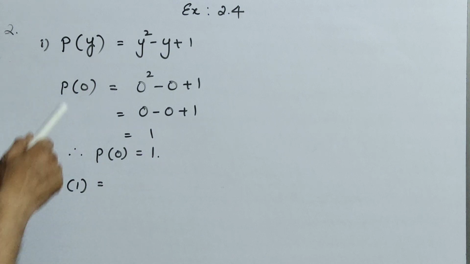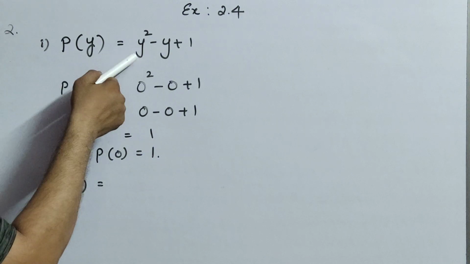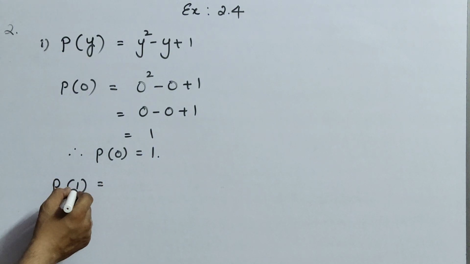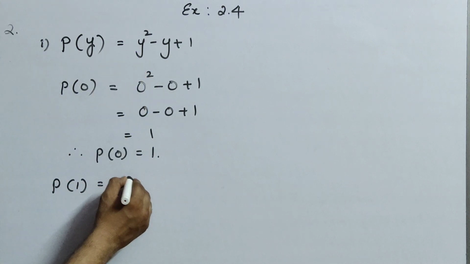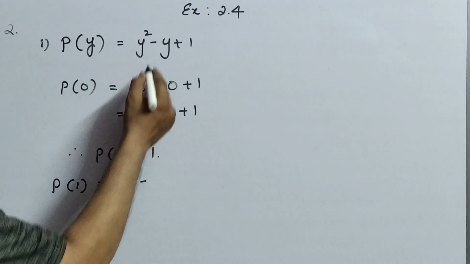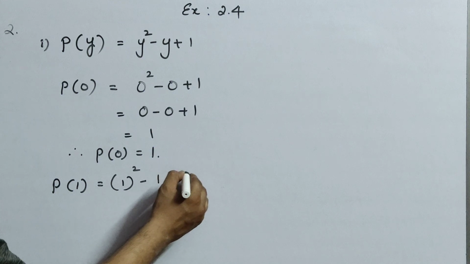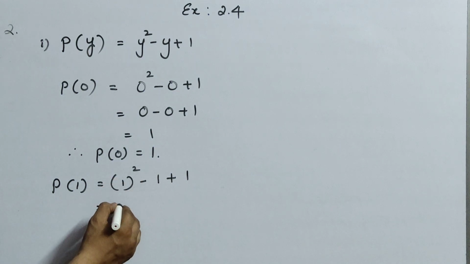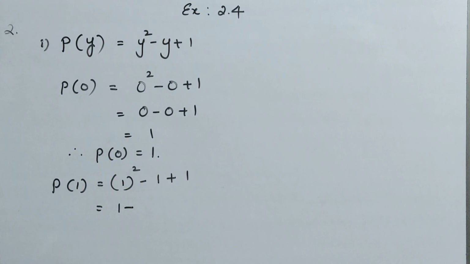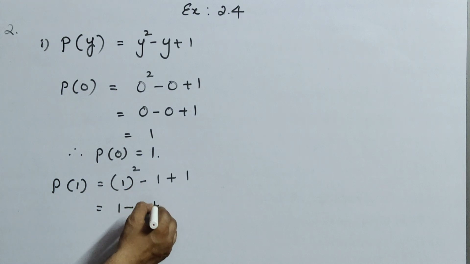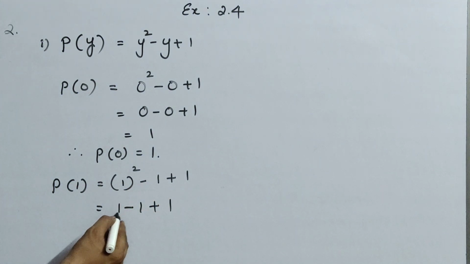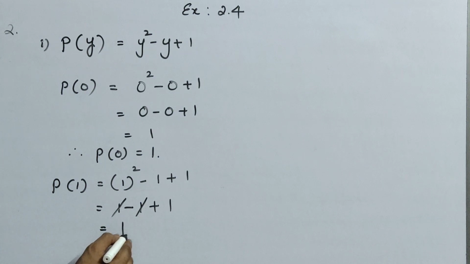That means wherever y is there, you have to substitute 1. So y square means 1 square, minus y means 1, plus 1. 1 square means 1 because 1 into 1 is 1, minus 1 plus 1. Minus 1 and plus 1 get cancelled. So you got 1. Therefore, p of 1 equals to 1.